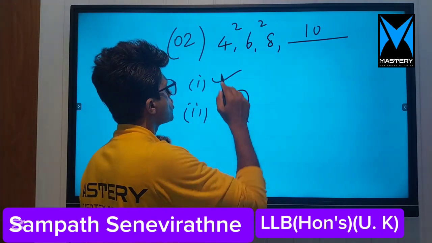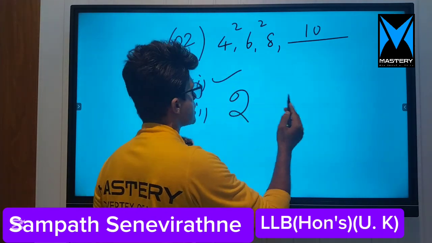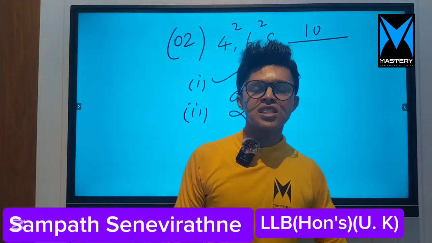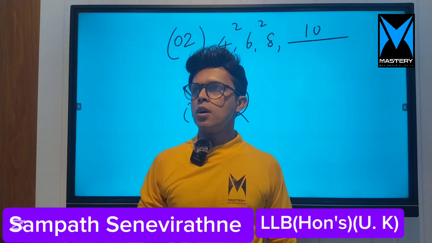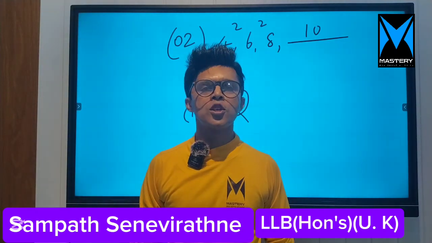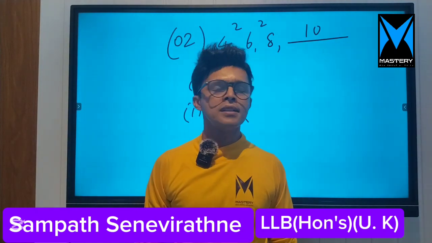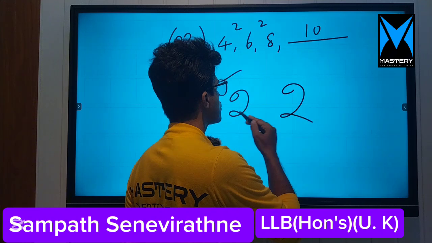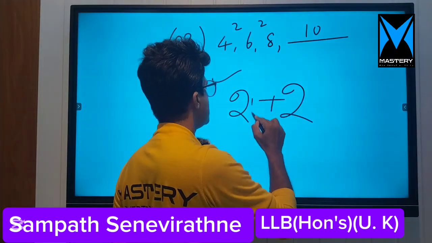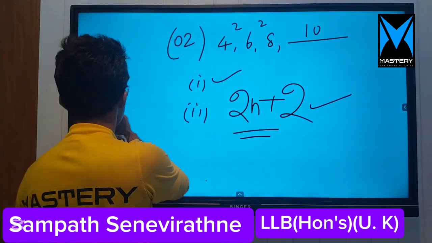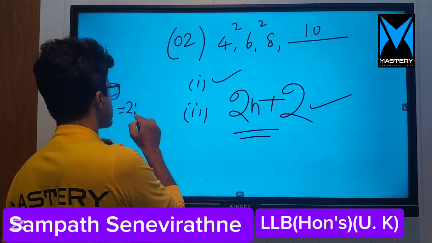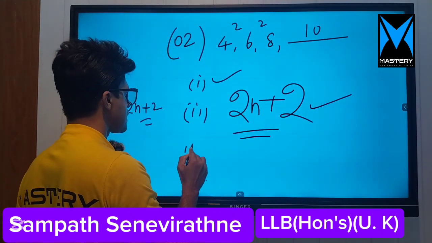After that, consider the first term, which is 4 here. What do you add to 2 to get 4? 2 plus 2 is 4. Here you write n. This is the general term, or it can be written as Tn equals 2n plus 2. Same answer. That's the second answer.